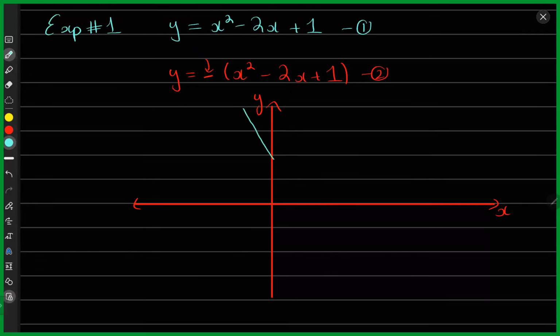I'm just making a shape, and for now, just trust my words. If you are interested in making this, we need to factorize this. Once we have the factorized version, we will get the x-intercepts. You can plug in x equals 0 to find the y-intercept, and then you will make this graph. But this would get better once we talk about this stuff. For now, just trust me. The graph of the first equation is this blue one, the blue curve I've made.